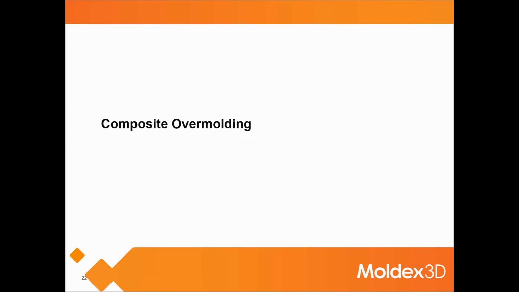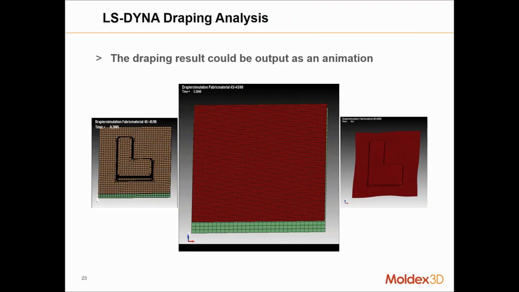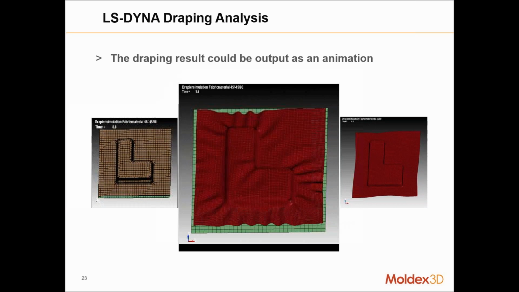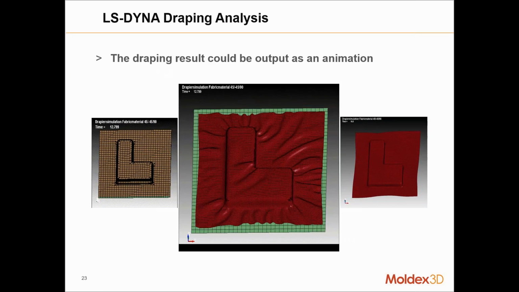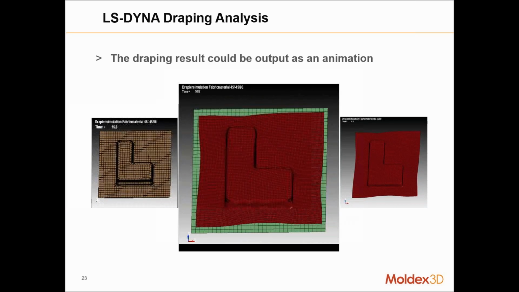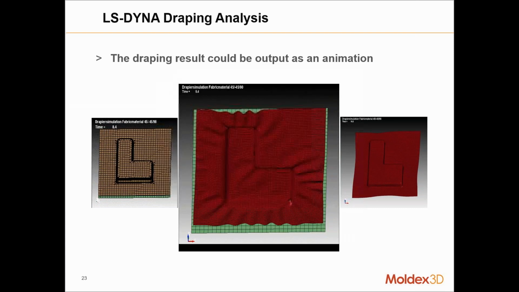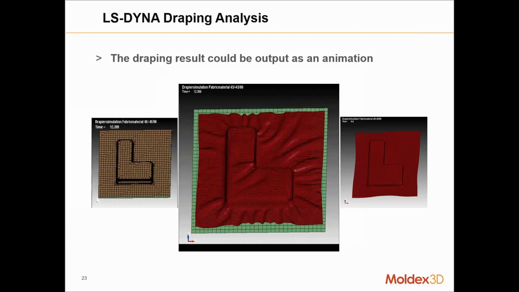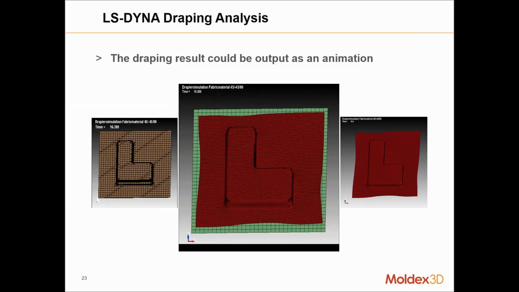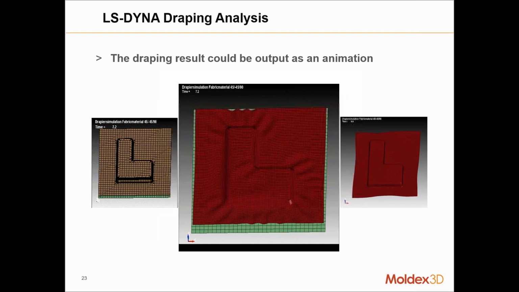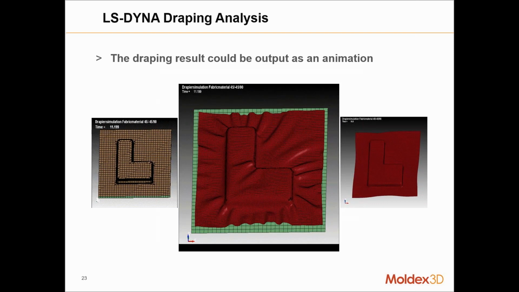All right, so that was compression molding. Now let's go over composite overmolding. Again, basically, with LS-DYNA, we're going to be creating a preform fabric, and then overmolding with the plastic, thermoset or thermoplastic. So same thing as the compression molding.